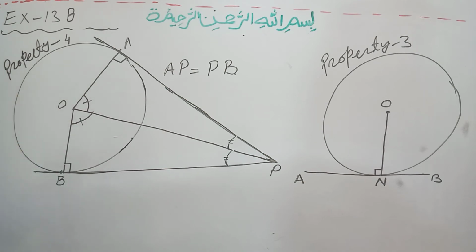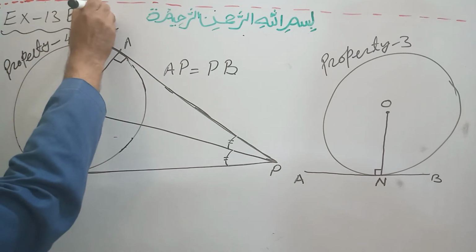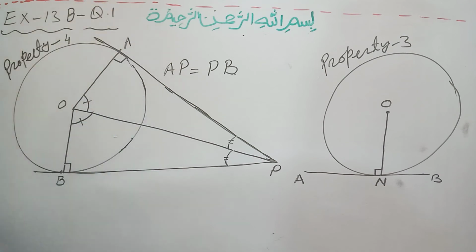Now we will try to solve the first three questions of this exercise 13B. Question 1 is, in the diagram PB is a tangent to the circle with center O. He has given the diagram.